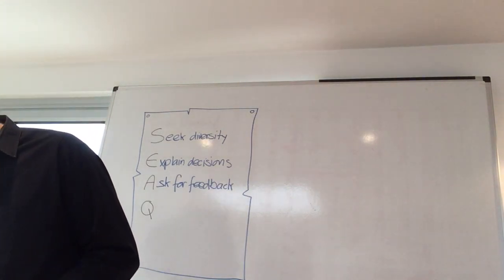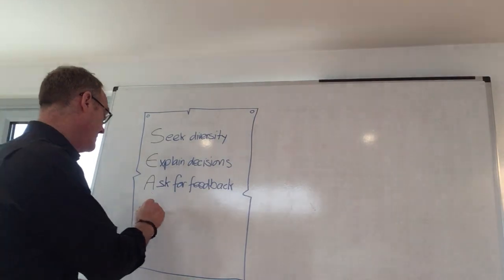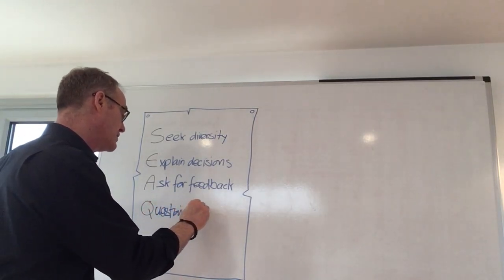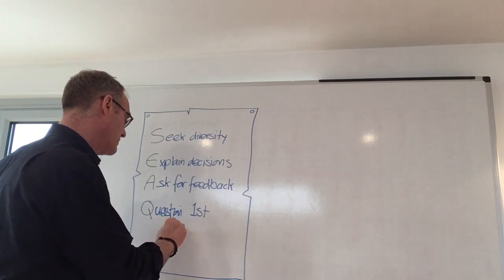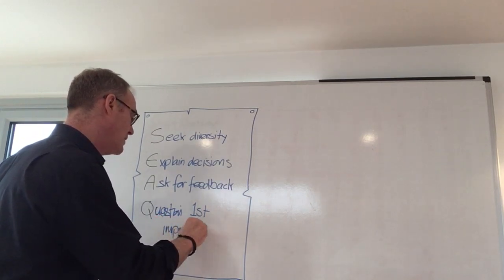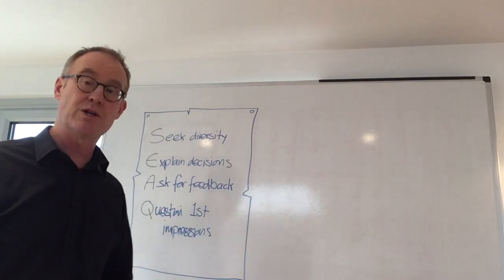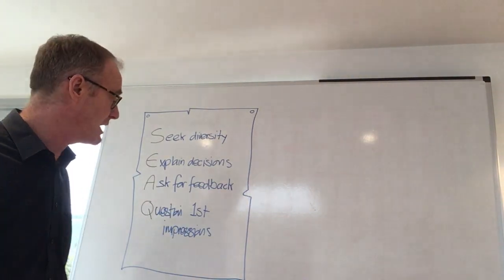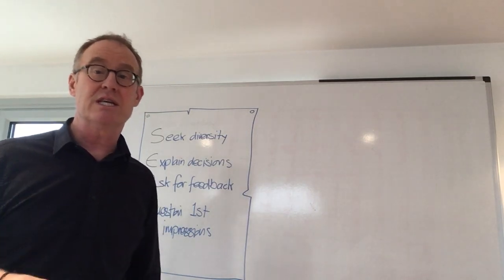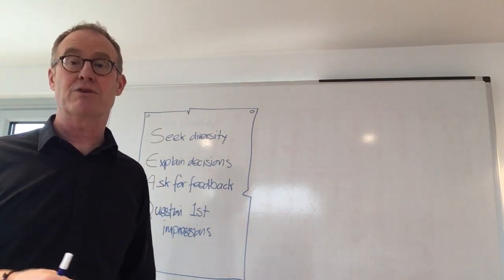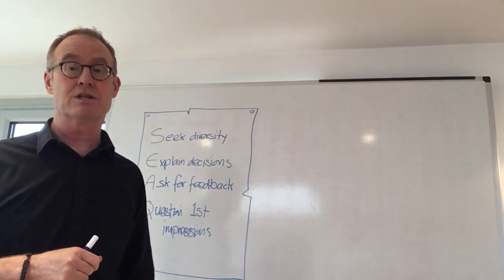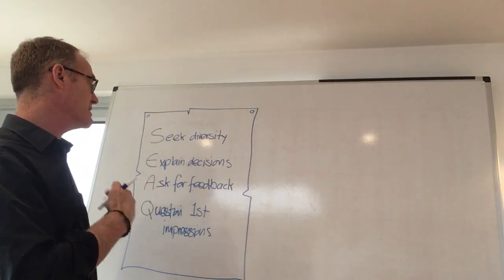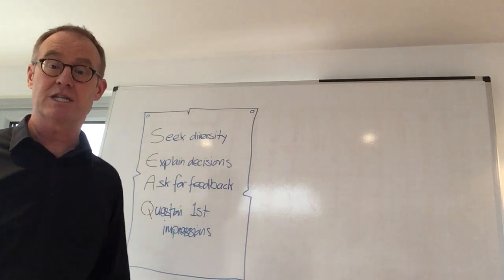And then the K, quite simply, is to question first impressions. In all sorts of situations, when you meet somebody from another department, when you meet a client who specialises in a particular area, when a new member of the team joins, question first impressions. It's really important to question first impressions. So these are our 4 steps: seeking diversity, explaining decisions, asking for feedback, and questioning first impressions.